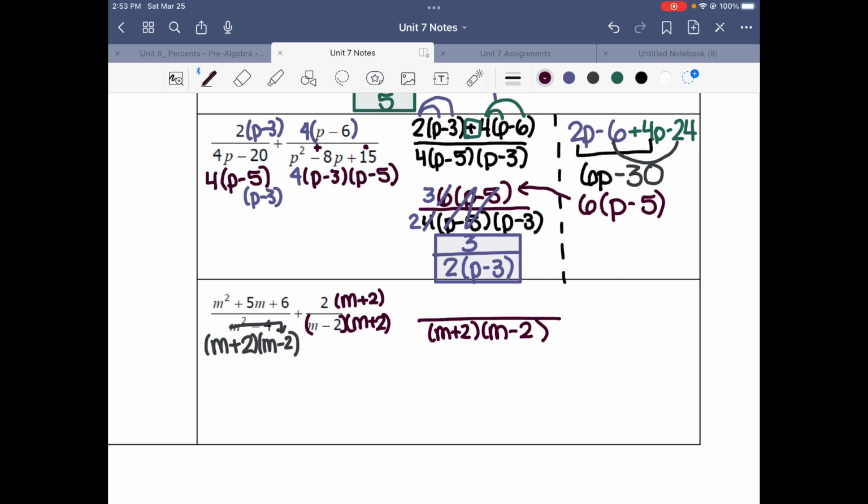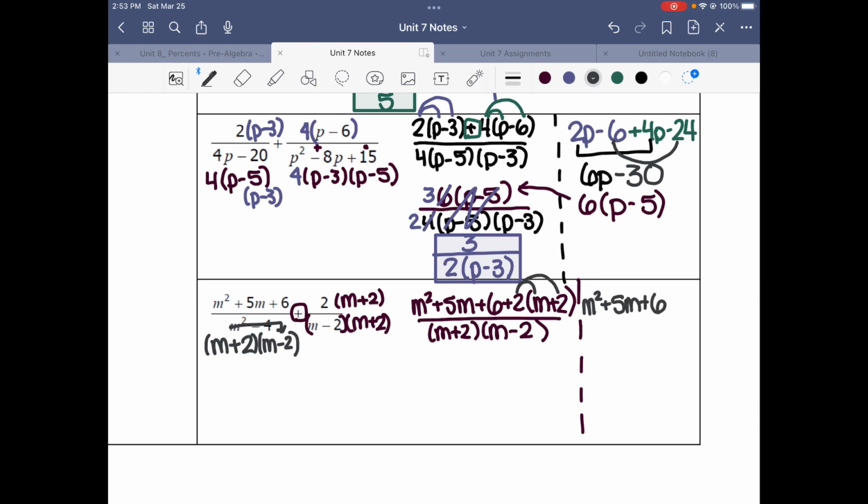And the numerator is going to be the first one, m squared plus 5m plus 6. And then I'm going to add 2 times m plus 2. And again, I'm going to have to come over to the side and do a little bit of this work because I have to take this 2 and multiply it to the m and the 2 inside of the parentheses, which leaves me with m squared plus 5m plus 6.